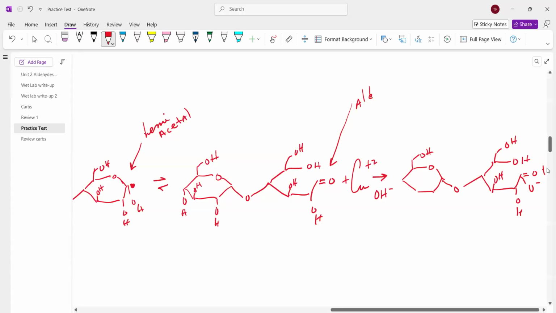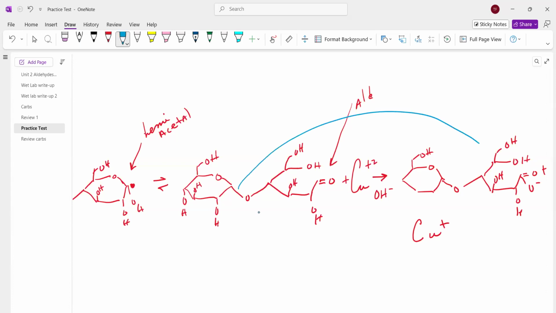Okay, so we have this going to that, which is being oxidized. This going to that, which is being reduced. And remember, oxidation and reduction have to happen together.